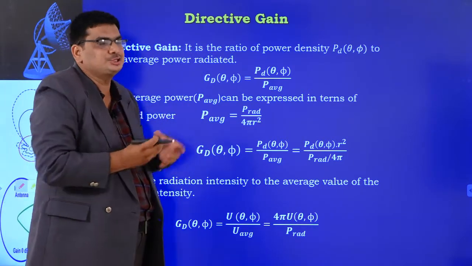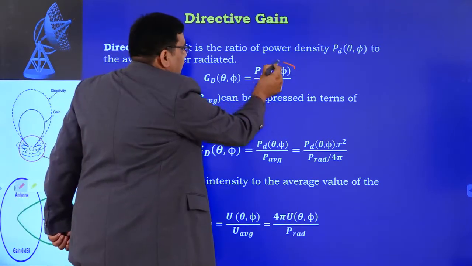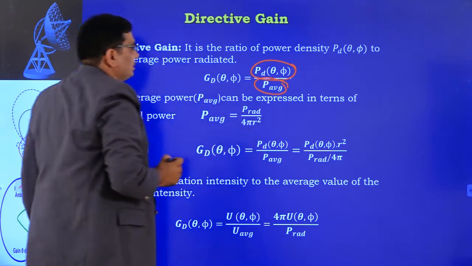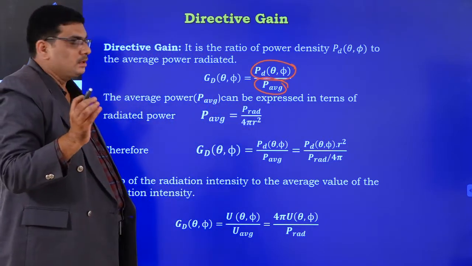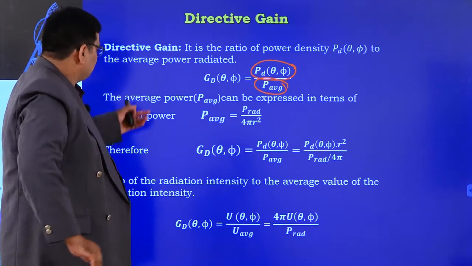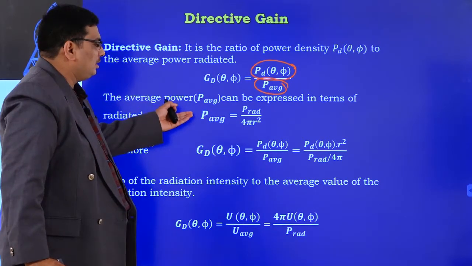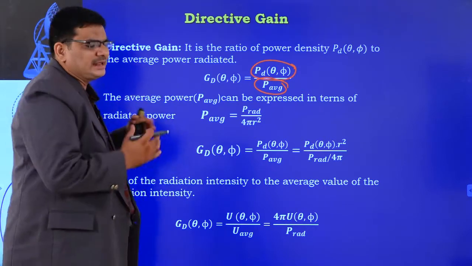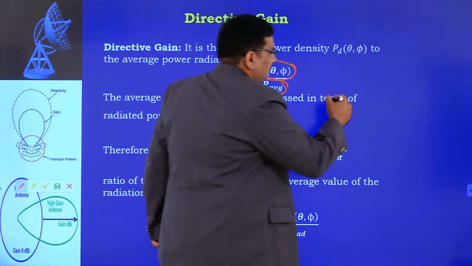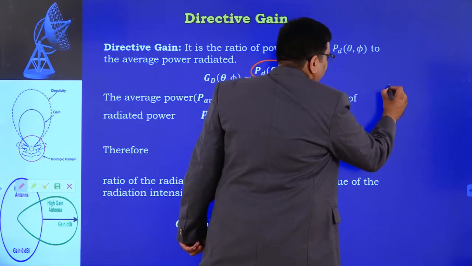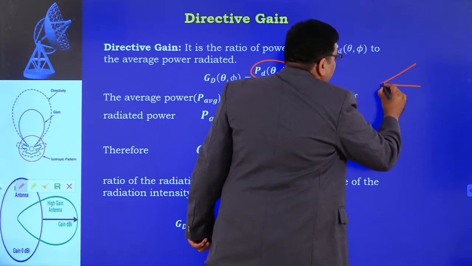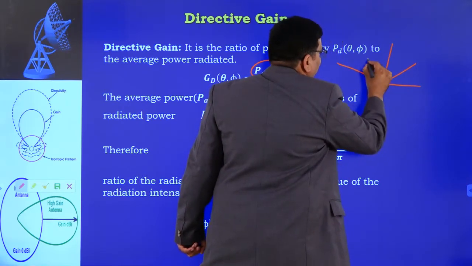It is the ratio of the power density P_D of theta comma phi to the average power density radiated. For the average power we take an isotropic antenna. I already discussed the isotropic antenna in the previous slide. It is a lossless antenna and it can radiate in any direction with uniform strength.